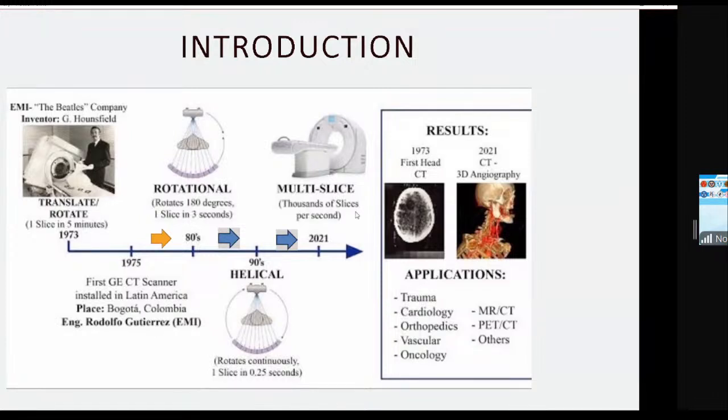This technology captures thousands of slices per second and can also create detailed 3D images of the human body. This revolution has made CT scan a game changer in medicine, helping doctors diagnose trauma, heart conditions, cancer, and more with incredible precision.